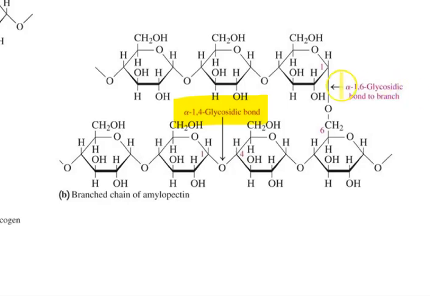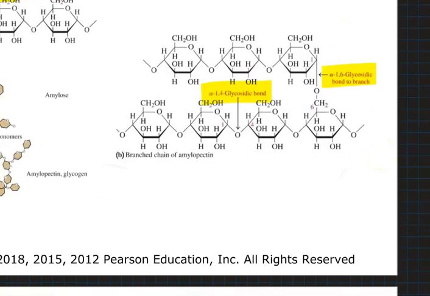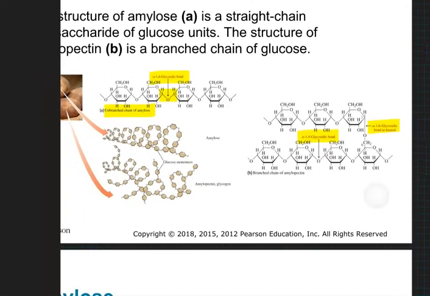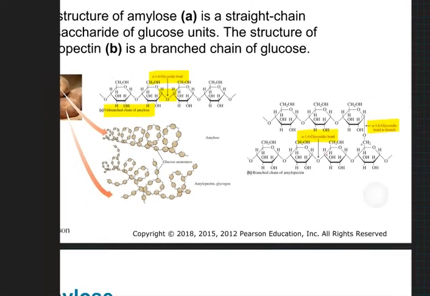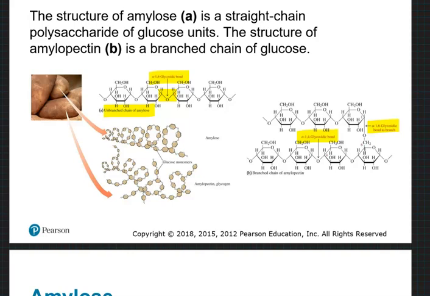Another one is alpha-1,6 glycosidic bond, which connects first carbon of one glucose and sixth carbon of another, and allows this molecule to branch. When you eat any starchy food, you eat both those things. So starch contains amylose and amylopectin.